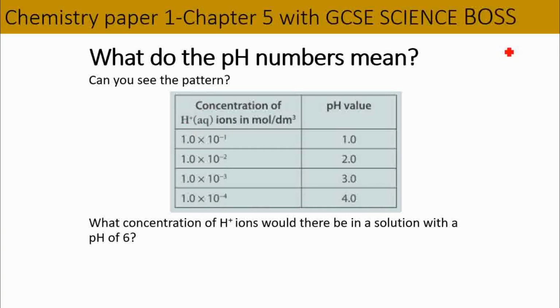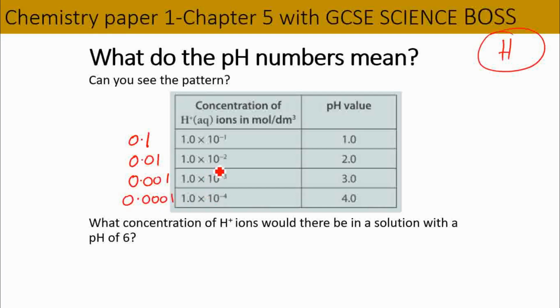And by the way, this is higher content, okay? So as you move from a pH of 1 to 2, you notice that the amount of hydrogen ion present becomes 10 times less, okay? So this is 0.1. This is now going to be 0.01, and this is 0.001, 0.0001.